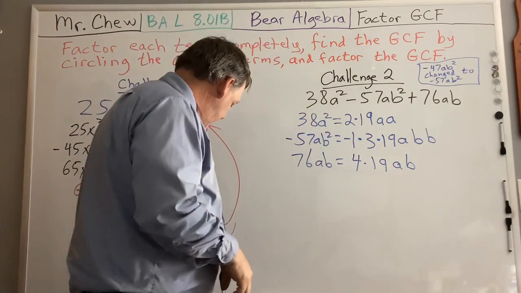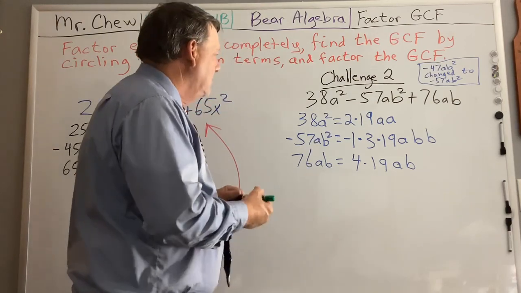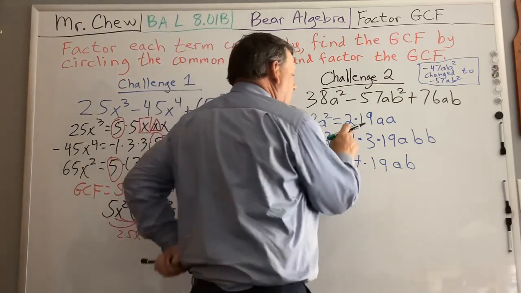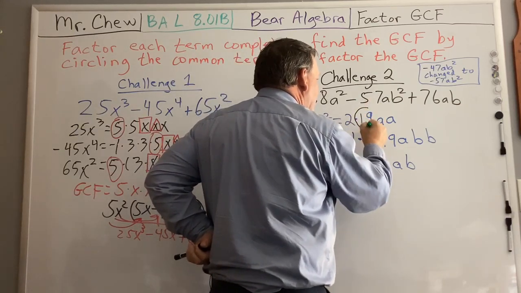Okay, remember what you do next? You circle what's common. So let's use a circle. I don't have my 2, negative 1, and 4, but I've got a 19.